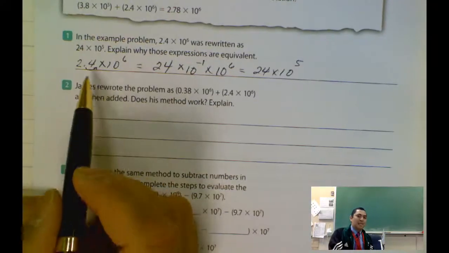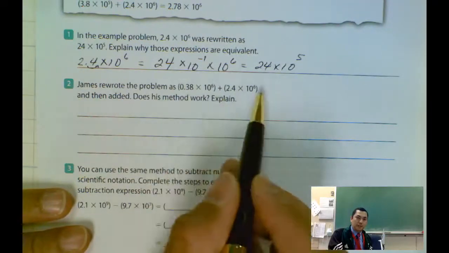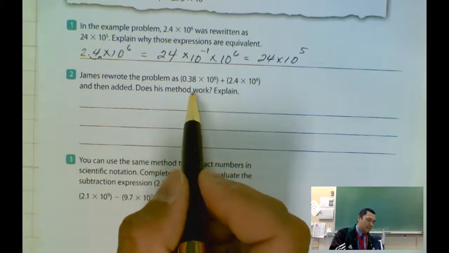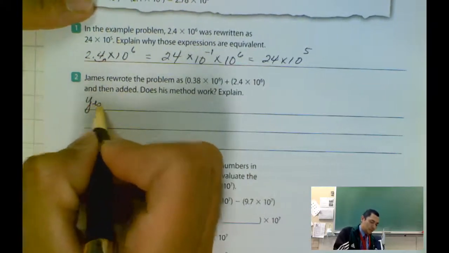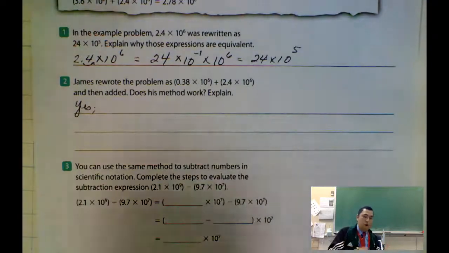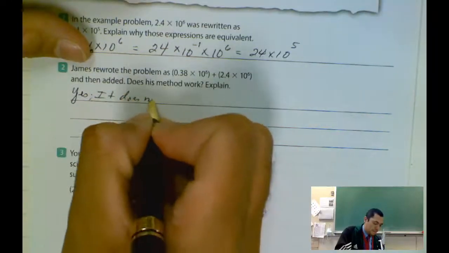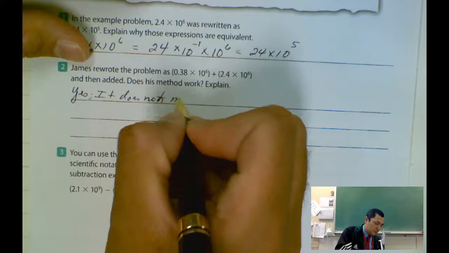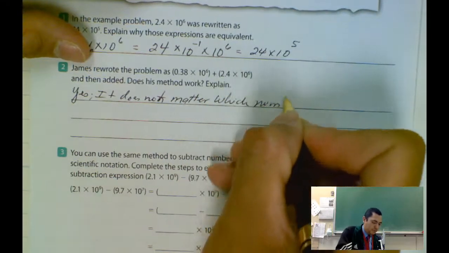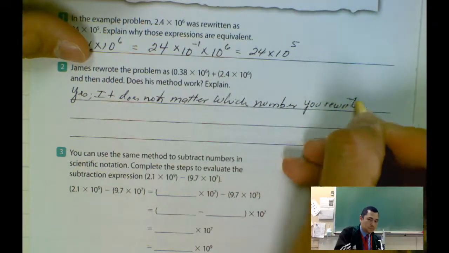Number 2, James rewrote the problem as this expression, and then he added. Does his method work? And you need to explain. I'm going to say yes, it works. Let's explain. It does not matter which number you rewrite, okay?